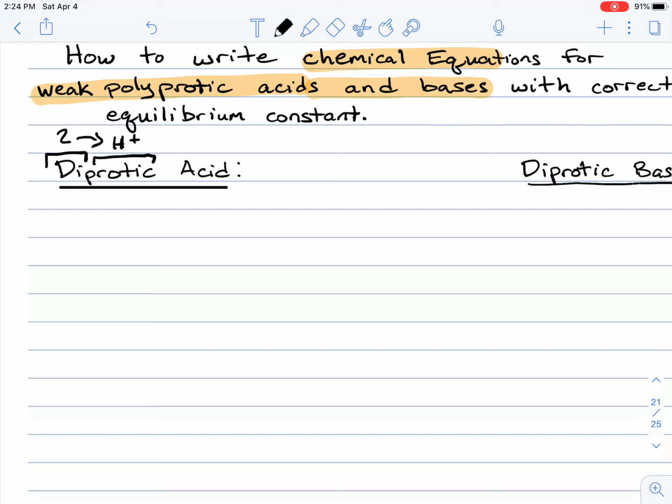Let's take a look at a specific example: carbonic acid. Carbonic acid has two hydrogens, and it is a weak acid.